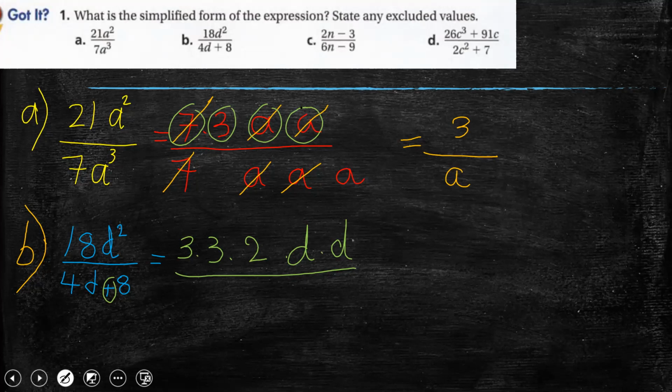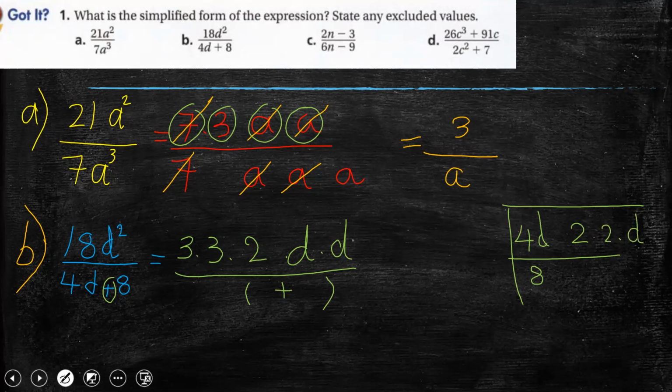So let's now, here we have 4d and 8. Let's put them here, 4d and 8, like this, put brackets, plus sign between them. Now let's write the factors of 4d. Since we have 4 times d, they are multiplied. I can factorize them into 2 times 2 times d.